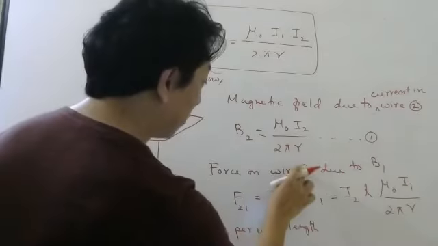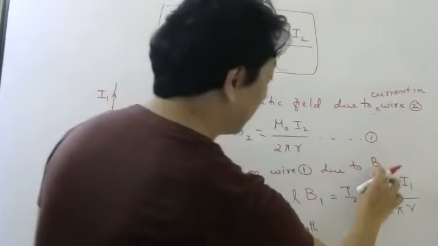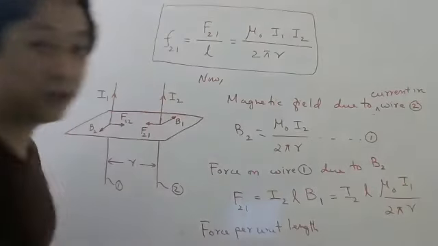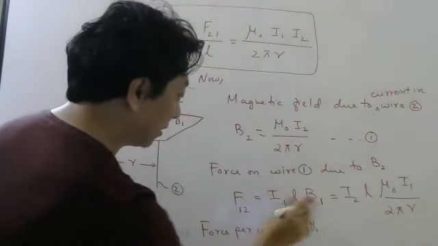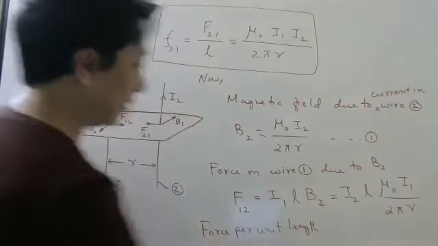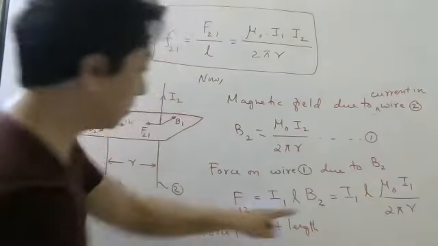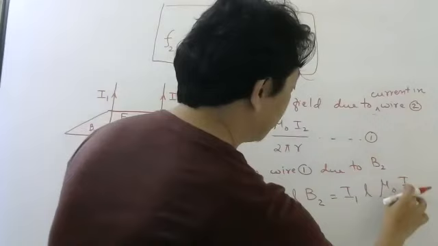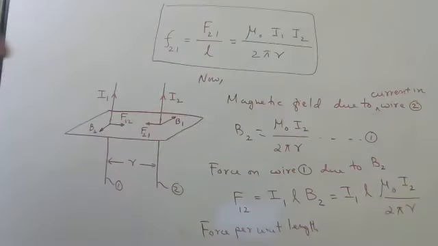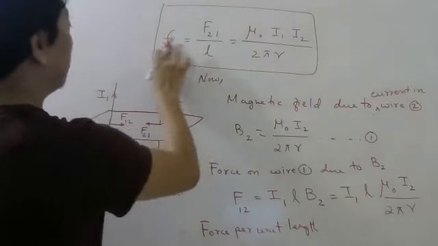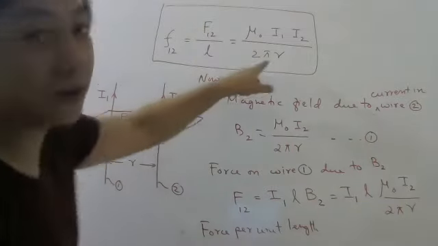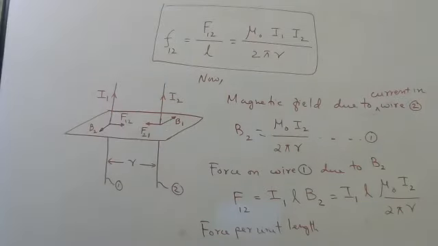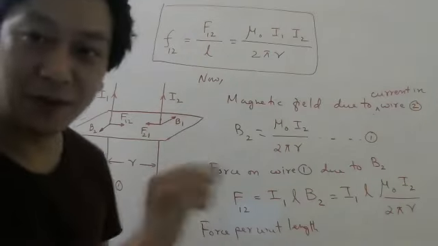Then force on wire 1 due to magnetic field of wire 2, B2, this will become F12, this will become I1, this will become B2, and when you substitute B2, this will be I2, right? And when you calculate the force per unit length, you will get same answer. It has to be same, obviously. Okay? But you have to write, okay, students?